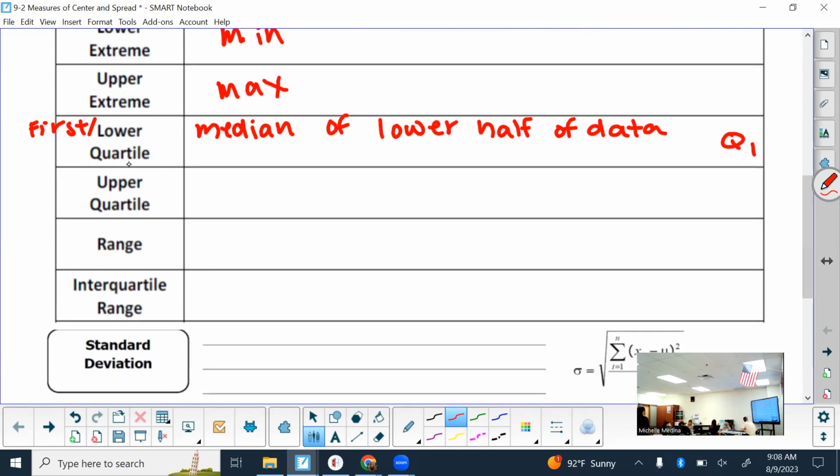Upper quartile, what did we also call that? Q3. Or your third quartile, if you want to put that next to upper. And that's the median of, I'm just putting the quotation, median of now your upper half of data.